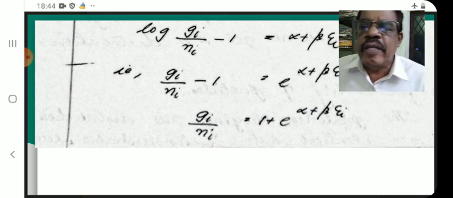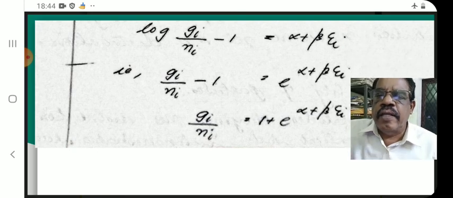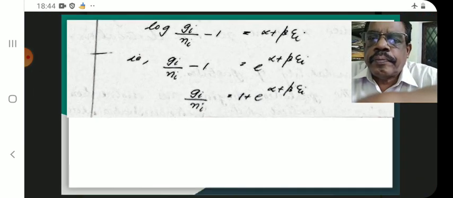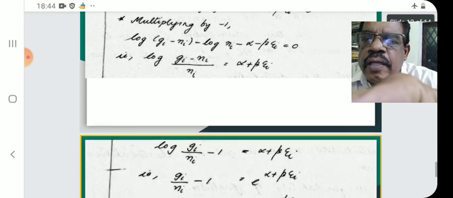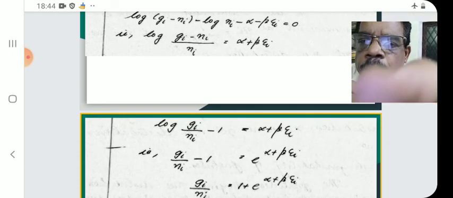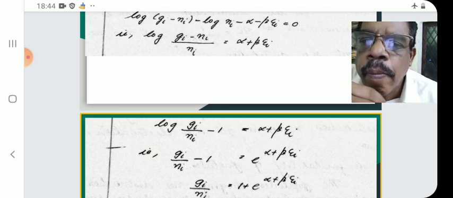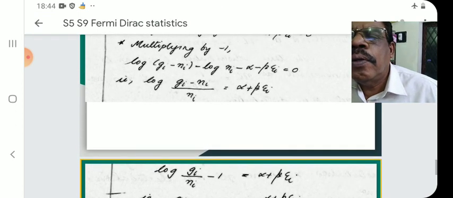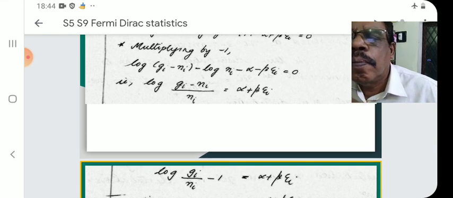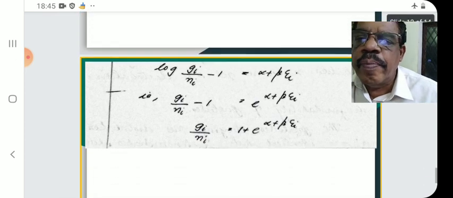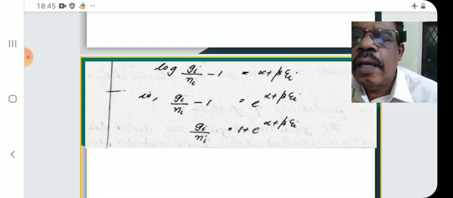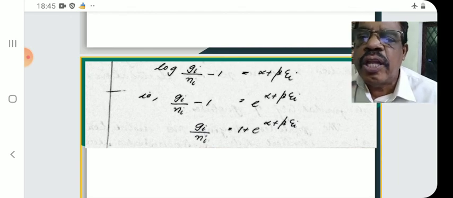Log of (gi minus ni) by ni is log of (gi by ni minus 1). That minus 1 we have to put in a bracket.